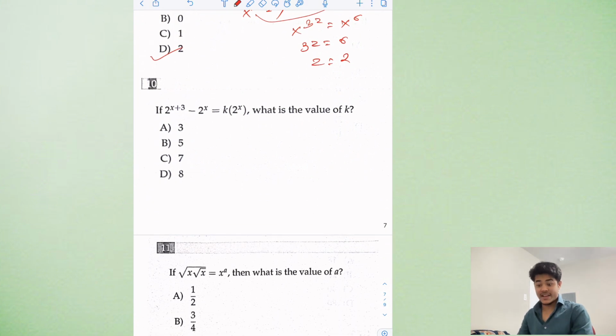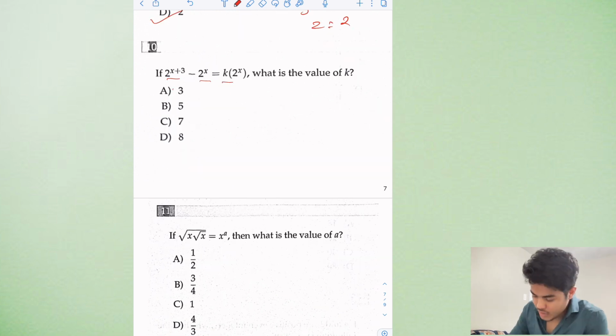In question number 10, this term equals this term, what is the value of k? How about we take this term to the opposite side of the equal sign, and it will become positive, right? So 2 raised to x plus 3 equals k times 2 raised to x plus 2 raised to x, and this term right here is k plus 1 times 2 raised to x, right?